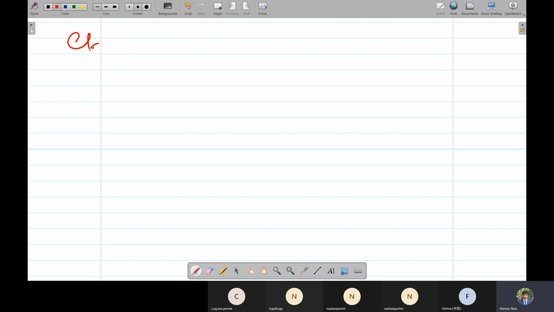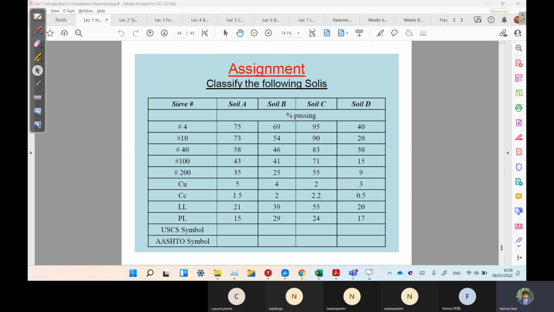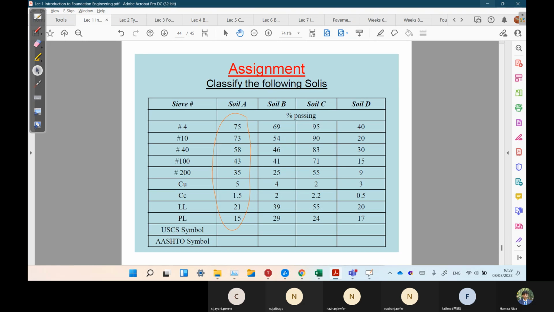There are two types of classification. First is USCS and second is AASHTO. For both we require these test results. If that comes in an MCQ, we require two types of tests.